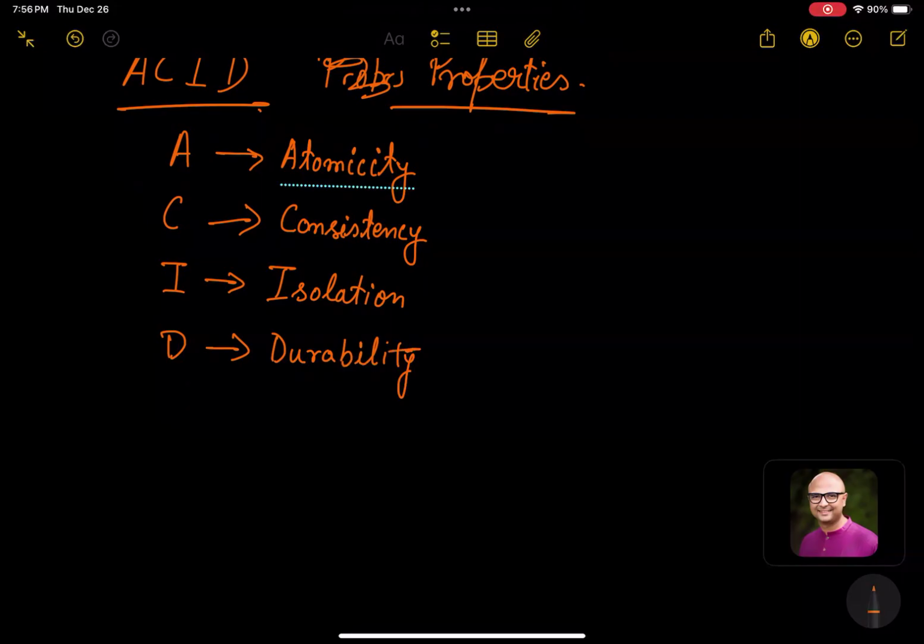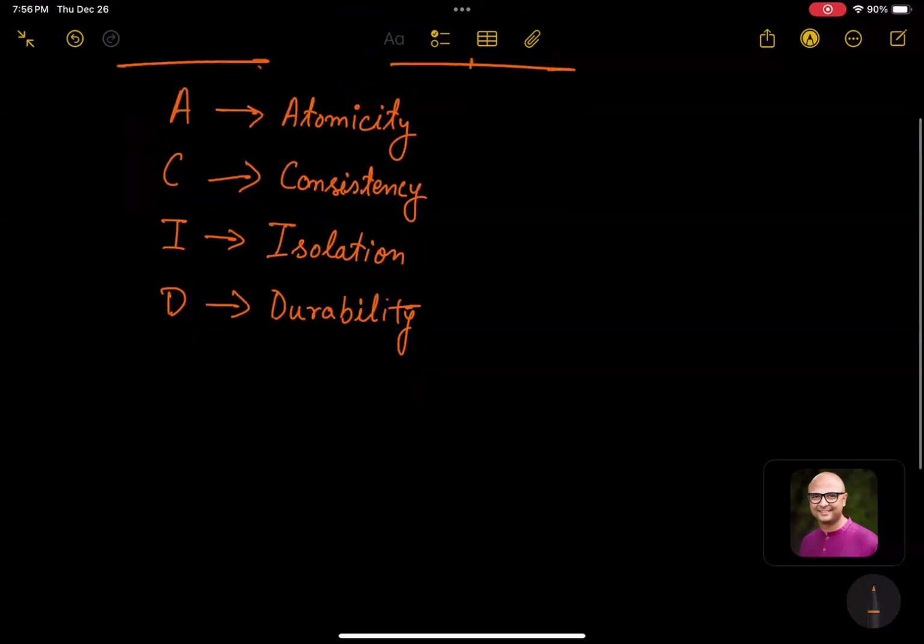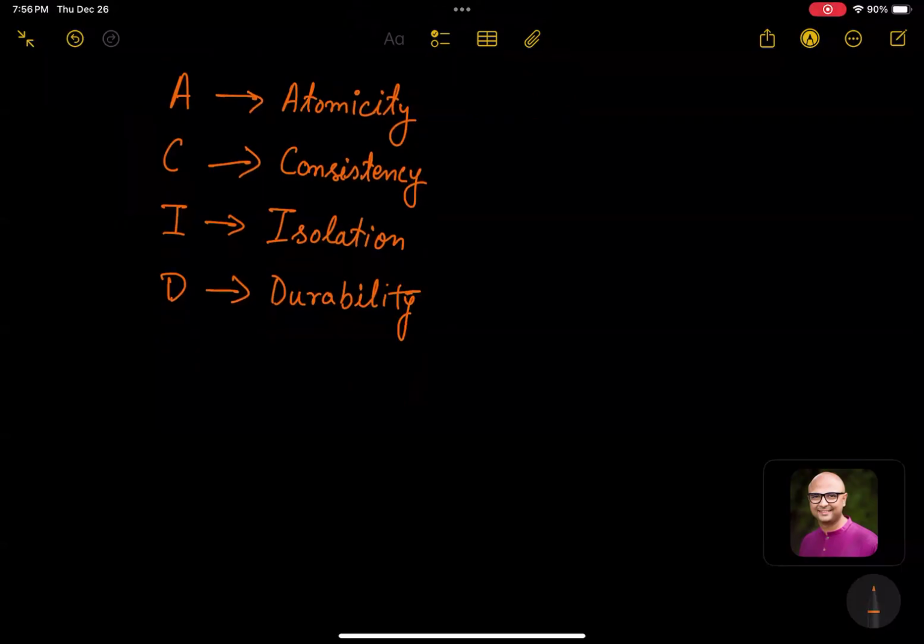So of course, we will go into great detail on these ones. Let's start with the first one, which is atomicity. But first of all, what are these properties? ACID properties are a set of properties which should be maintained in a transactional database, right?